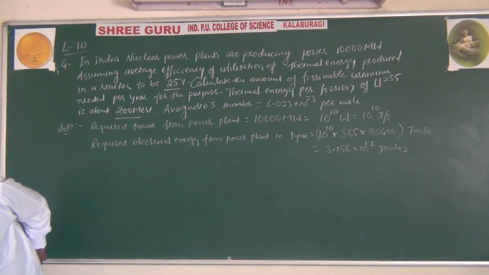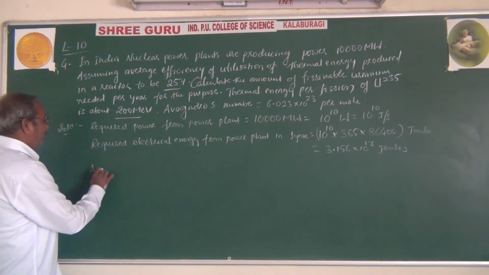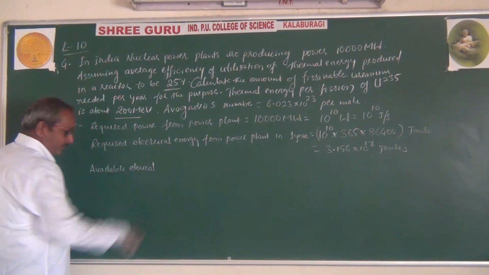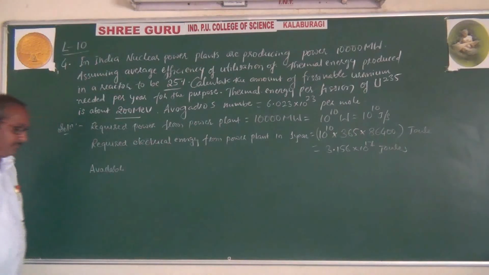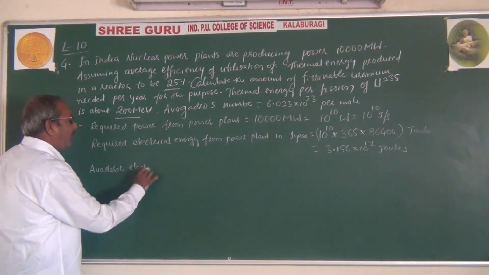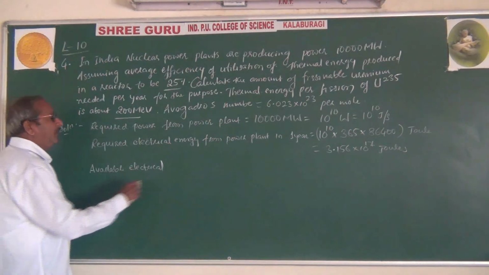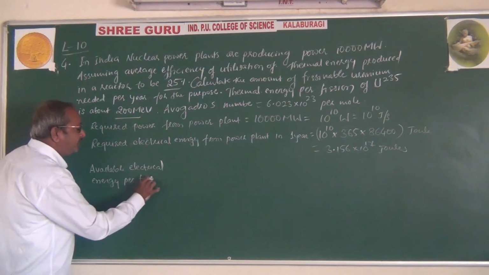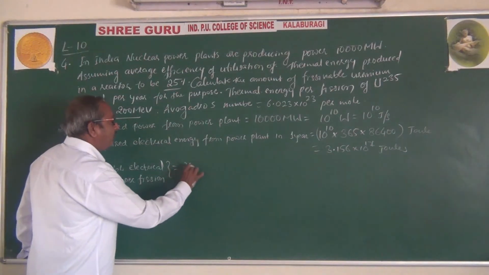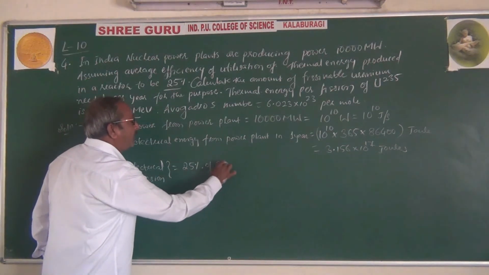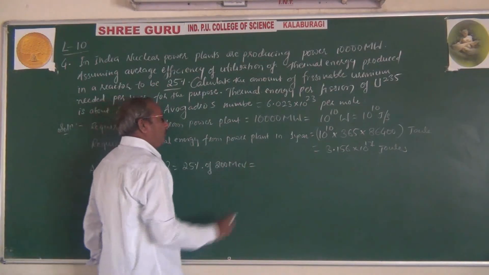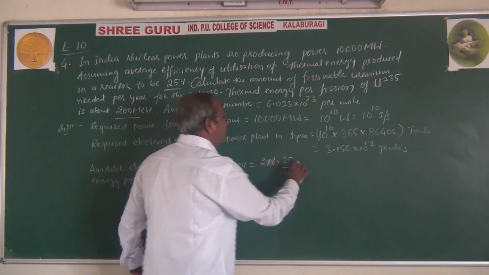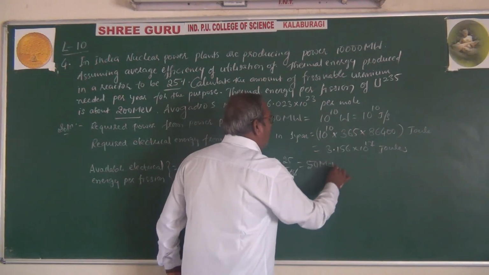Here, available electrical energy per fission, that is only 25% of 200 mega electron volt, and this is equal to 200 into 25 divided by 100. This we will get 50 mega electron volt.